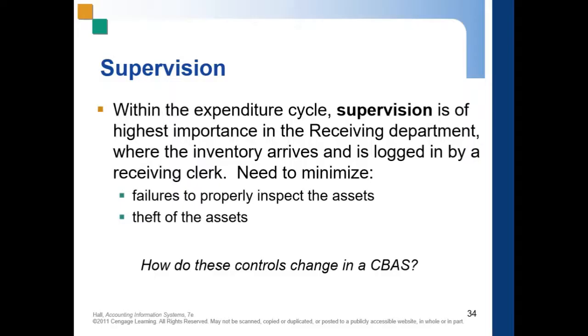If you remember in the previous chapter, where we talked about sales returns, one of the highest risk departments was the mail room. The same thing would go here in our purchasing or expenditure cycle.